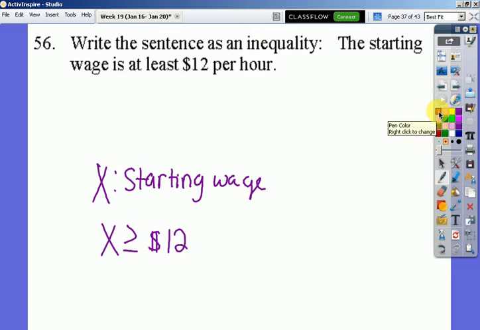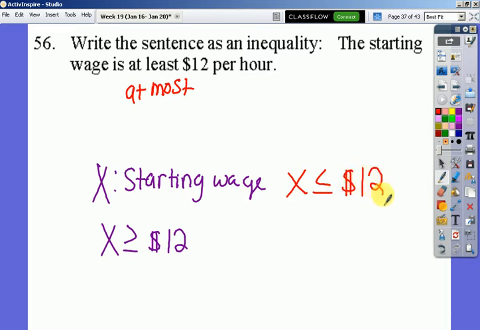So if it said at most instead of at least, what does that look like? Yeah, less than or equal to. S is less than or equal to $12.